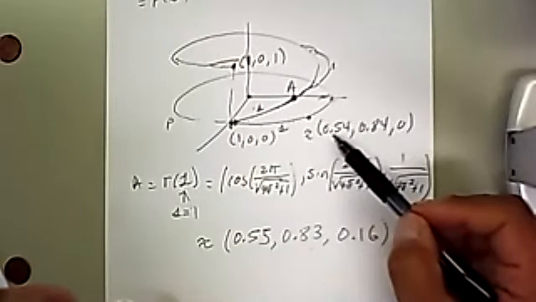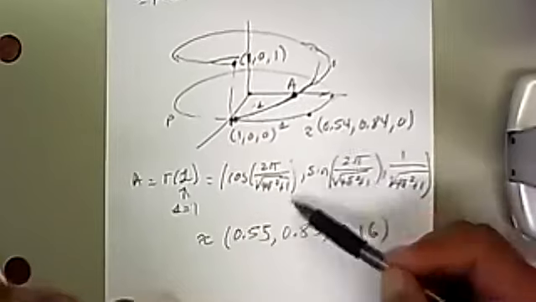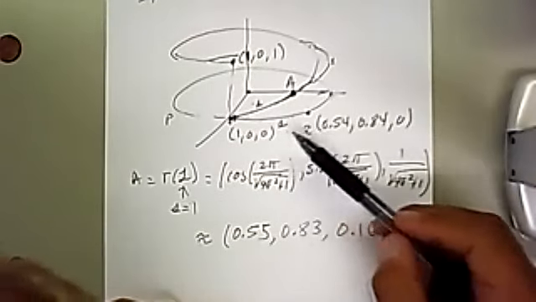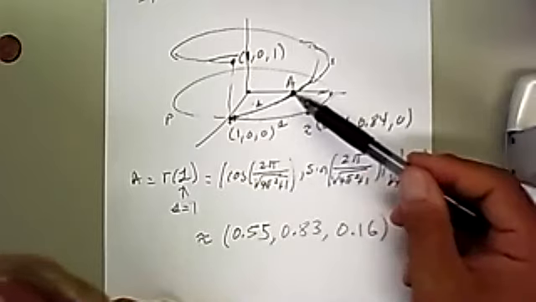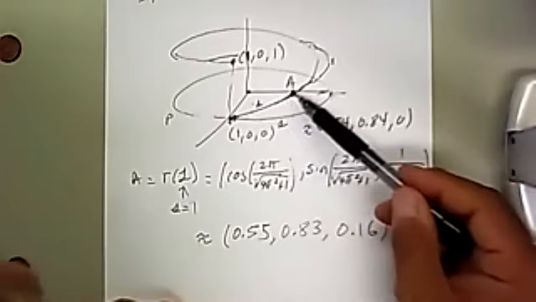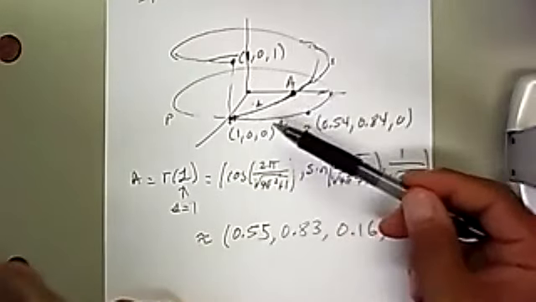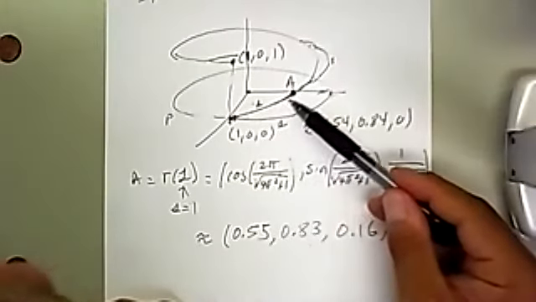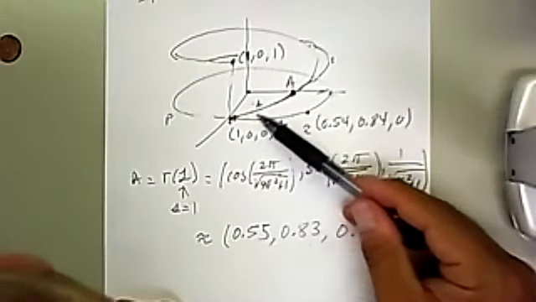And let's analyze why. So 55 is bigger, which means this point is towards us, closer to us than this point, which makes sense because we have to use up some of this distance to climb up.